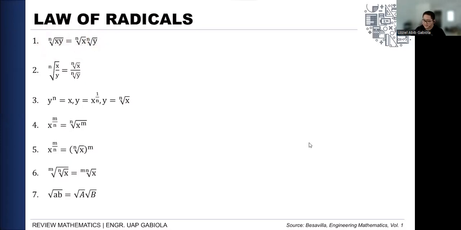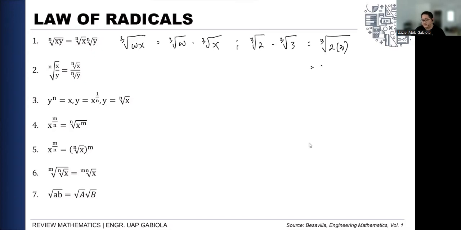So halimbawa, meron tayong cube root of wx. That is also equivalent sa cube root of w times cube root of x. Or in numerical form, halimbawa meron kang cube root of 2 times cube root of 3. That is also equivalent to cube root of 2 times 3 or cube root of 6.